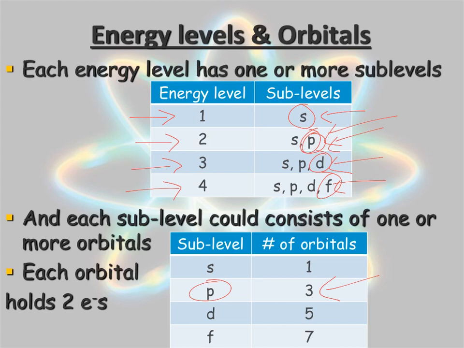Each orbital is going to hold 2 electrons. So if you'll notice, S is going to hold 2 electrons total. P is going to hold 3 times 2, so 6 electrons total. The D orbital is going to hold 10 electrons total, and then the F is going to hold 14.